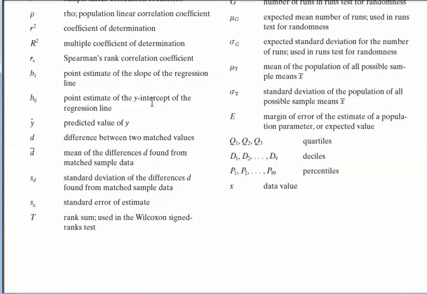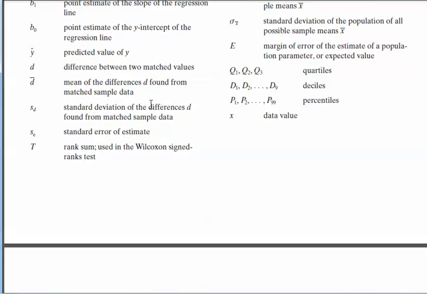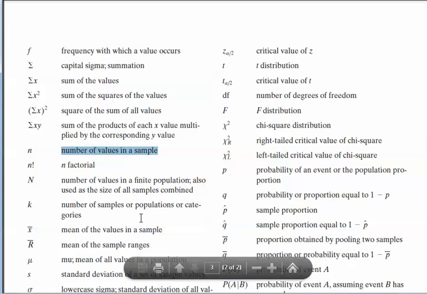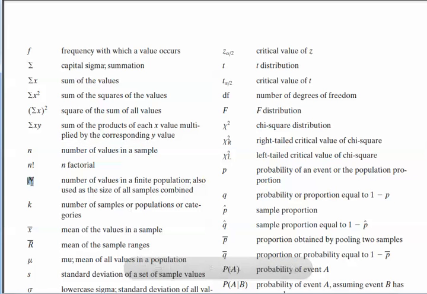So some of these symbols are not going to be used by the time we're done with our class. But they do have capital sigma. See, here's our summation right here. This means the sum of, right here's a perfect use of it, the sum of values. It's got little n, that's the sample size, not the population size. Big N, that's the population size.